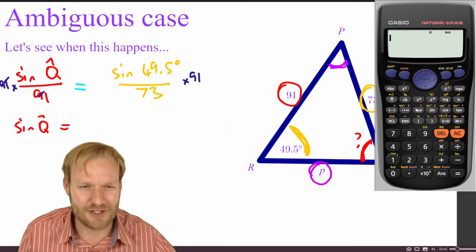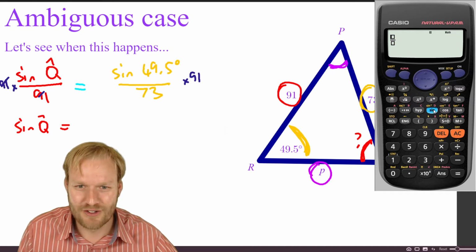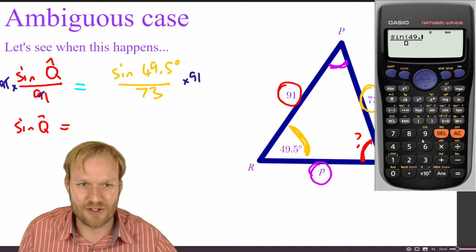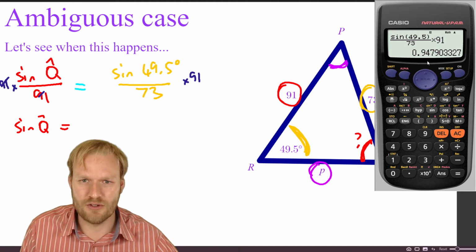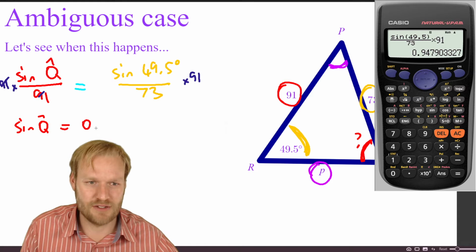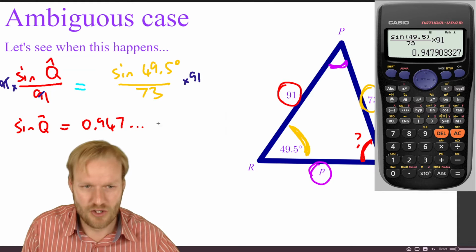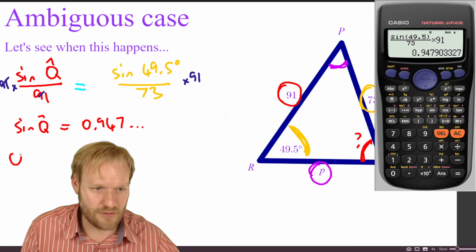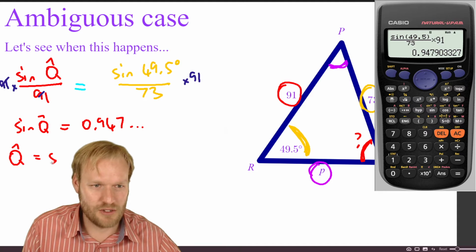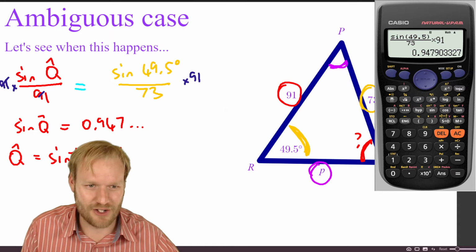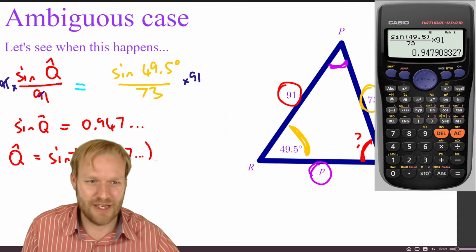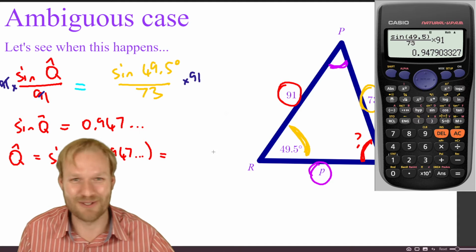We've got sine of 49.5 divided by 73, multiplied by 91, which gives 0.947. Therefore, to find Q, we do arc sine, or shift sine, of 0.947.